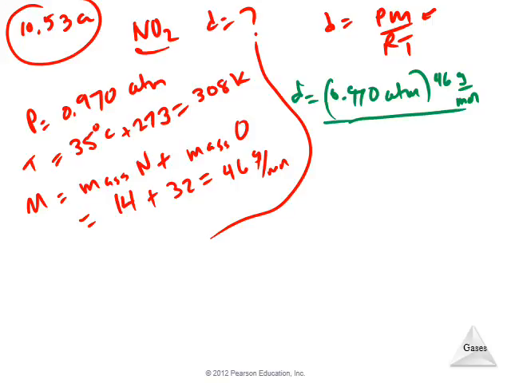RT: 0.0821 liter atmosphere per degree Kelvin per mole, and temperature would be given by 308 Kelvin.